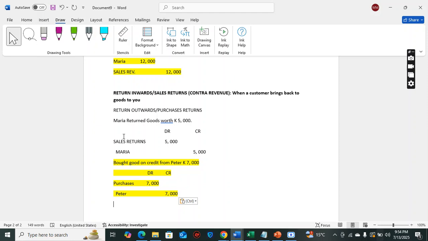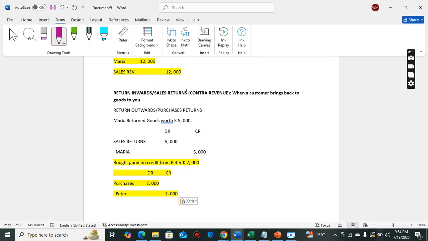We have to record the goods which she brought, how much they are worth. Because if we record 7,000, that 7,000 represents the goods she still has, but she brought back goods worth 5,000. Actually, yeah, we're good.